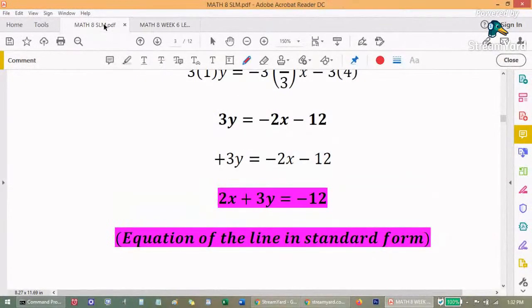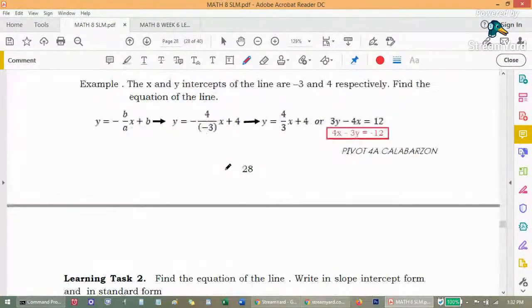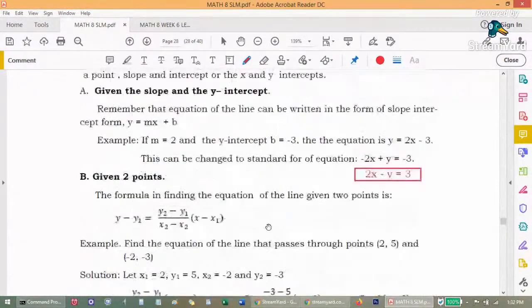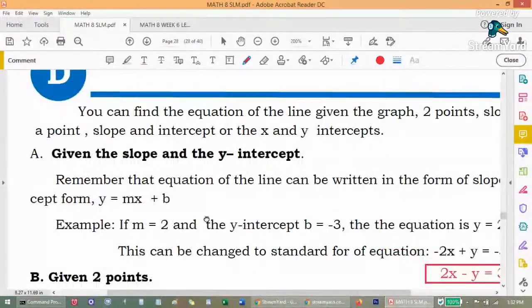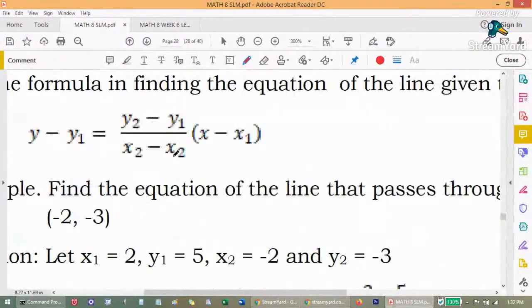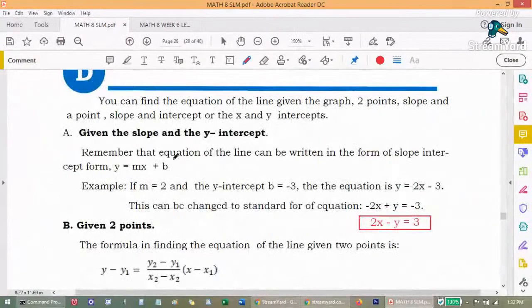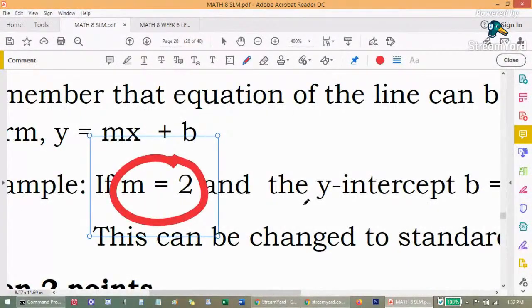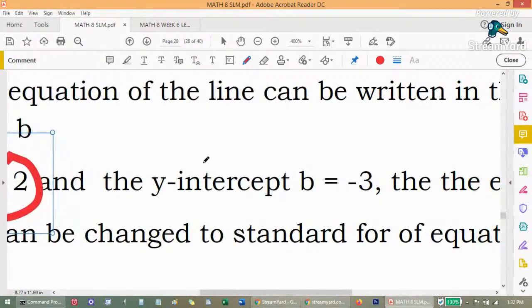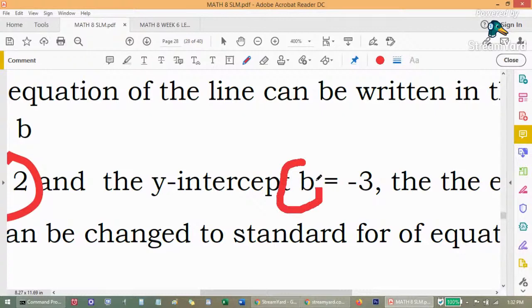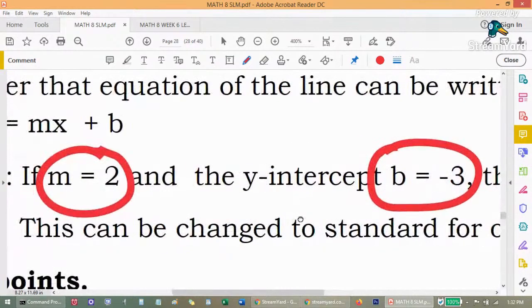Okay? So titignan natin yung example dito sa module. Letter A, ang binigay niyang slope dito is 2. At ang y-intercept niya, or the B, is equal to negative 3.